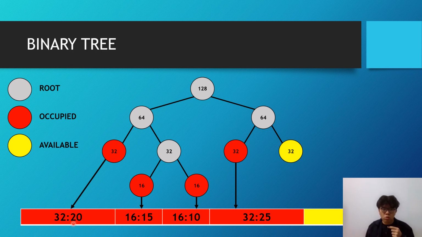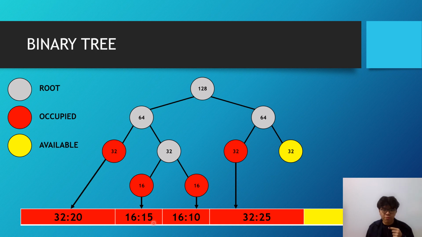So for the 20 request, the nearest power of 2 for 20 is 32. So the system will split from 128 into 2 blocks of 64, and split again from 64 into 2 blocks of 32. And the request of 20 will be allocated into the block of 32.